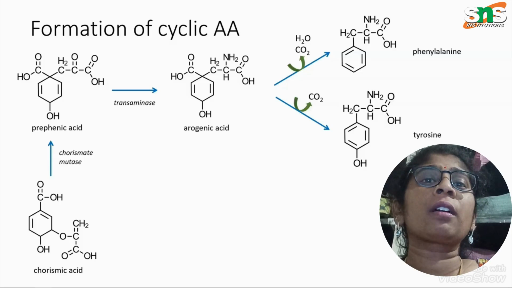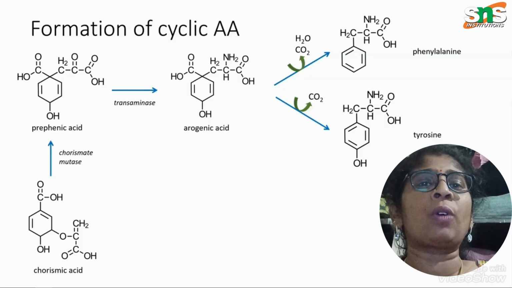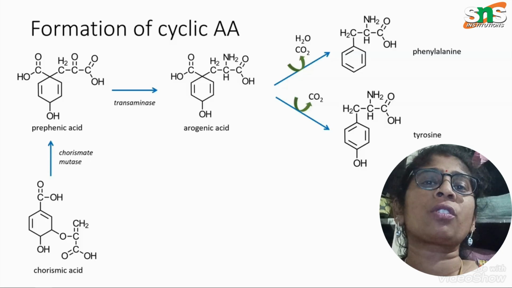And so, to quickly revise: location, plants, bacteria, and fungi; starts with PEP and E4P; and main product chorismic acid leads to aromatic amino acids, important sources of flavonoids, alkaloids, phenolics, and drugs like Tamiflu. That's why in pharmacognosy, the shikimic acid pathway is considered a core route linking primary metabolism to secondary metabolism.